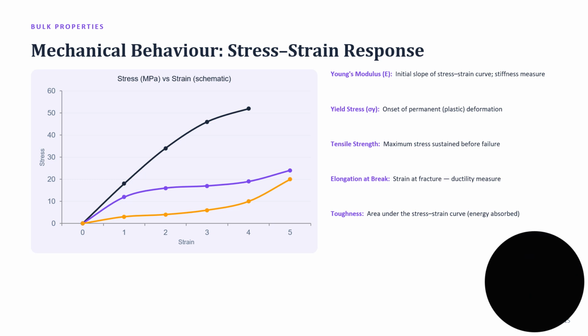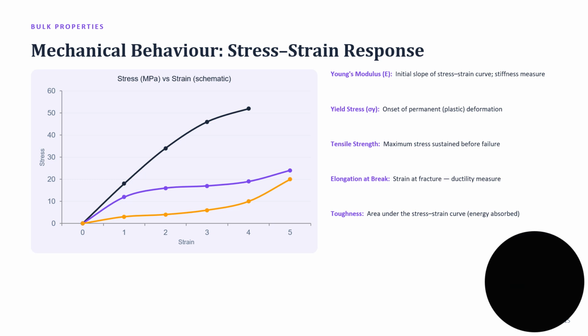Five key parameters to extract from any stress-strain curve. Young's modulus E is the initial slope. It tells you stiffness. Yield stress marks the onset of permanent plastic deformation. Beyond this point, the material won't spring back. Tensile strength is the maximum stress the material sustains before failure.